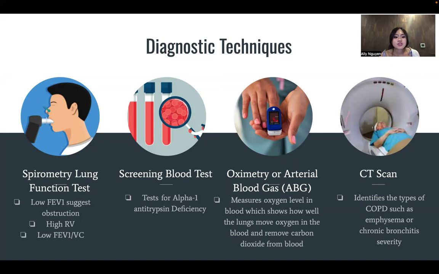There's the oximetry or the arterial blood gas test that can test for the oxygen level in the blood, which can show how well the lungs are moving oxygen in the blood and removing carbon dioxide from the blood. And the last one I want to mention is the CT scan that can identify different types of COPD, such as emphysema and chronic bronchitis severity.